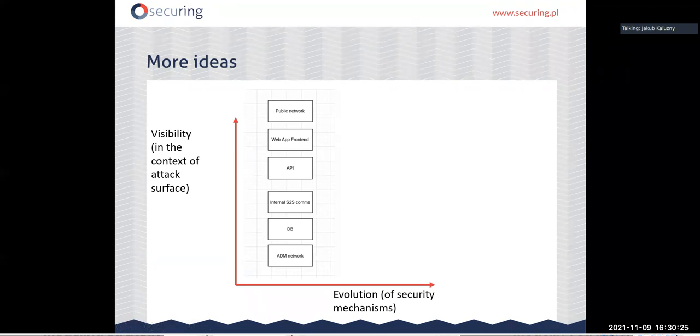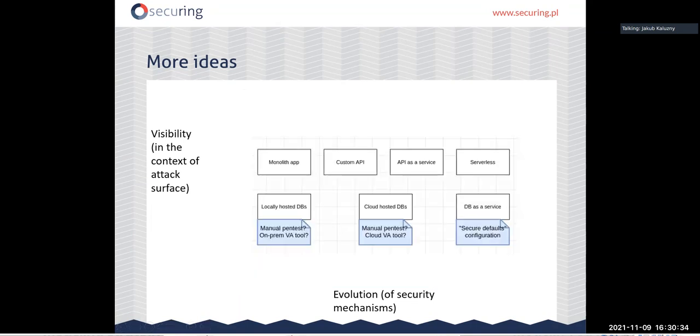So this will be aligned more on the top, and the less visible components will be aligned a little bit to the down, right? And then the x-axis could be evolution, but in the context of security mechanisms.